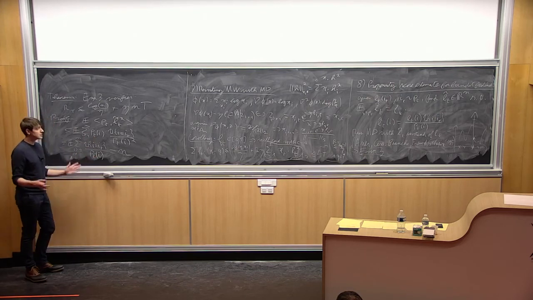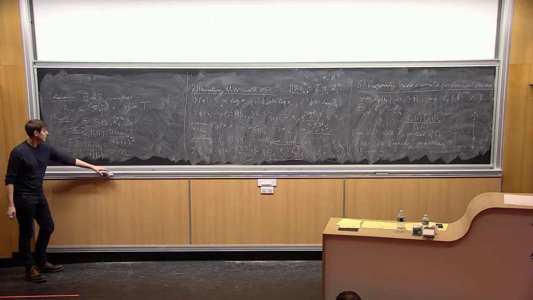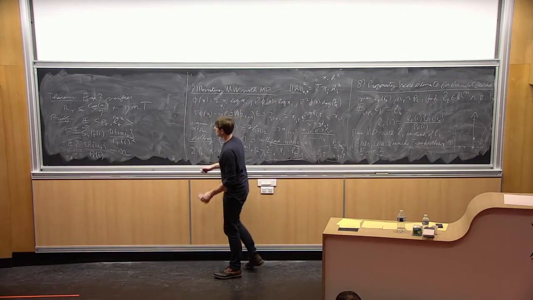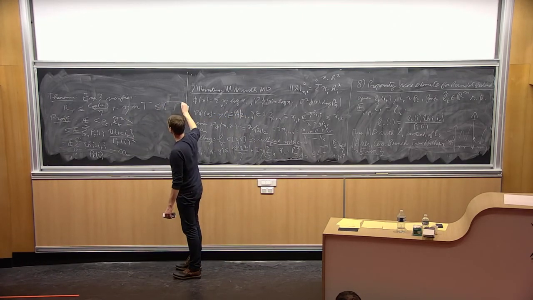So really everything just falls in place. It's pretty miraculous. If you optimize over this, you get square root n log n times t.